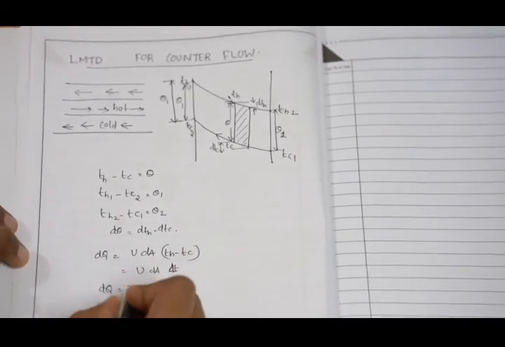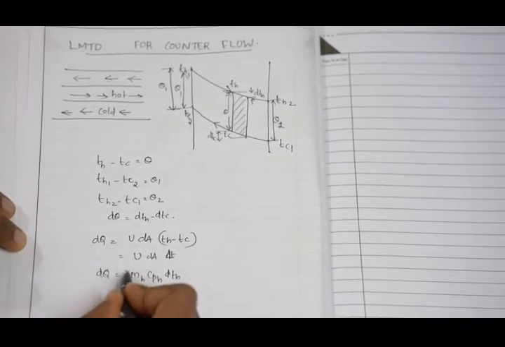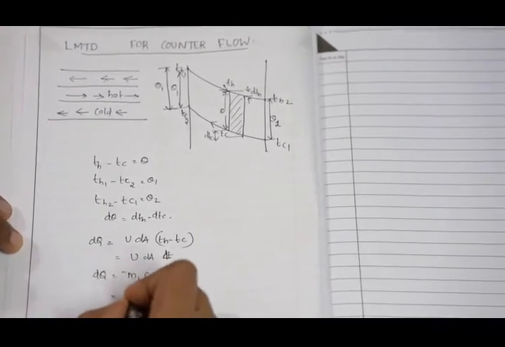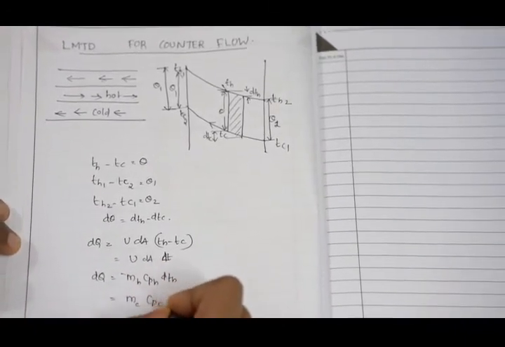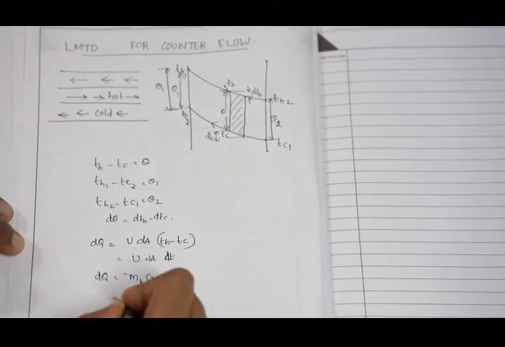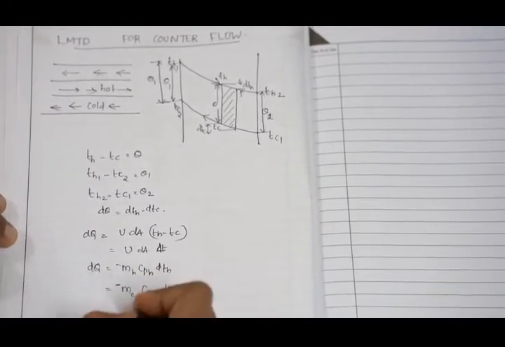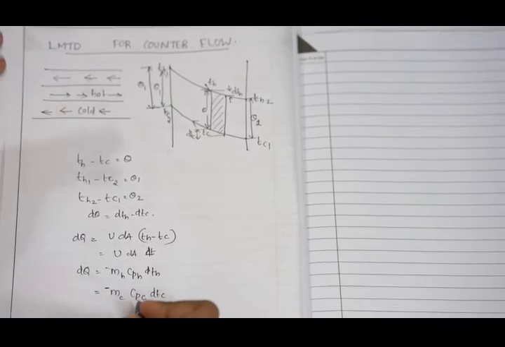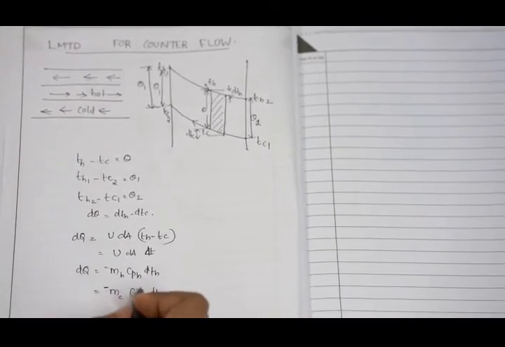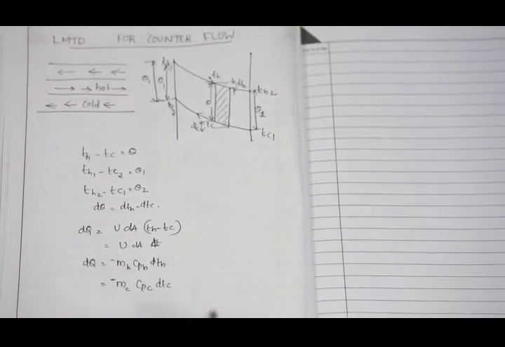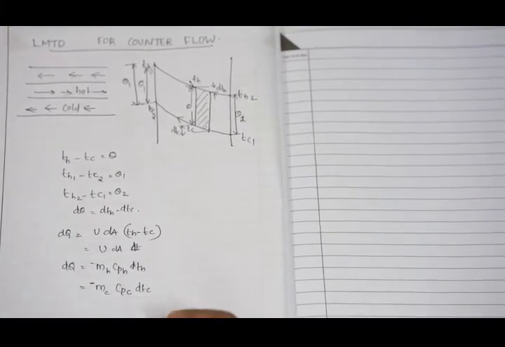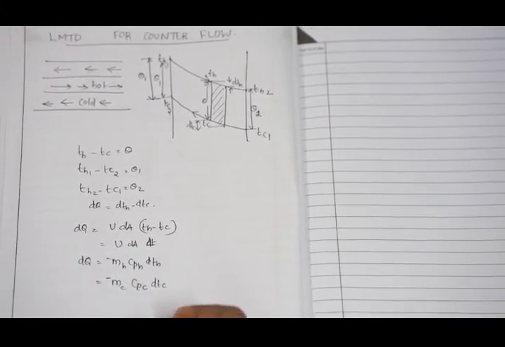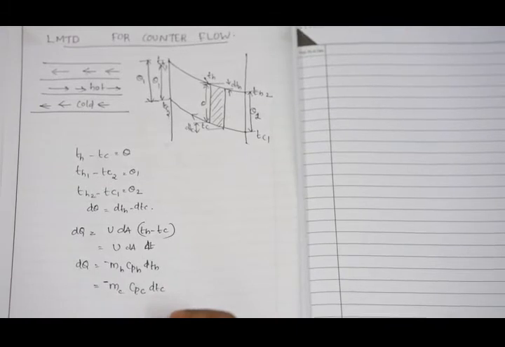Heat rejection happens, so negative sign. Then mC CpC into dTC. Here also we give a negative sign because the heat direction is opposite. In the counterflow system, the temperature of both the fluids decreases in the direction of heat exchanger length, hence negative sign.